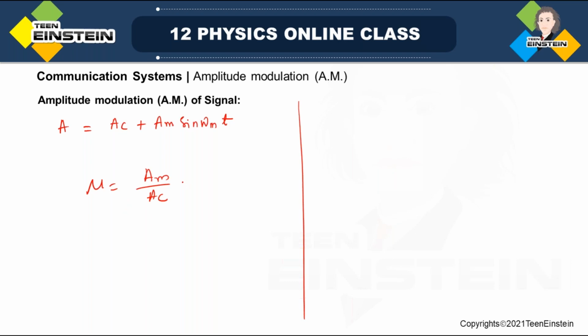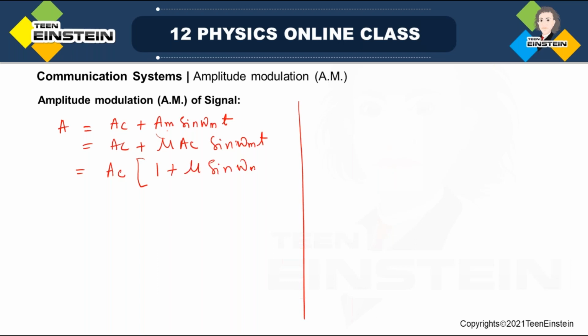So Am can be expressed from this relation as mu into Ac. In place of Am we write mu Ac sine omega m t. Now let me erase this. If we take Ac common, then we get Ac times 1 plus mu sine omega m t. Okay, this is what we get.